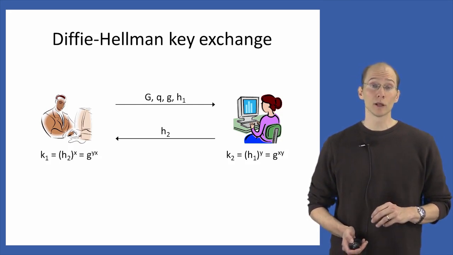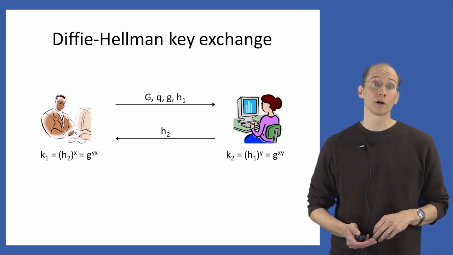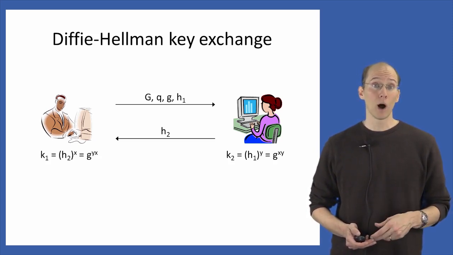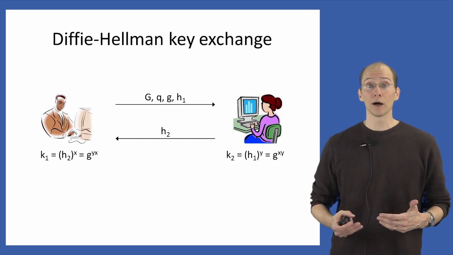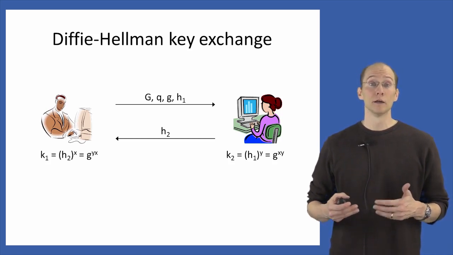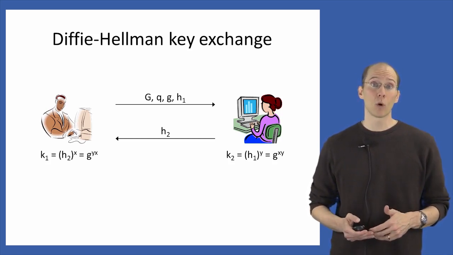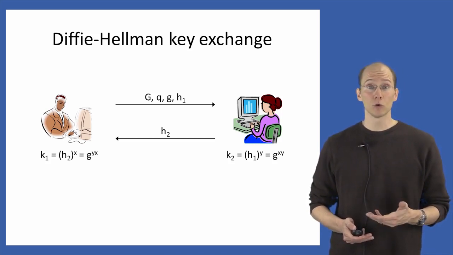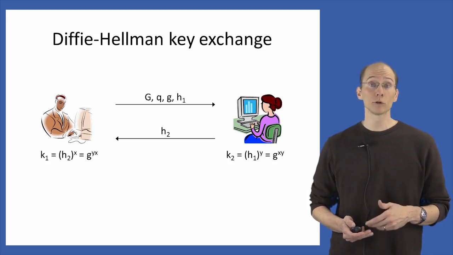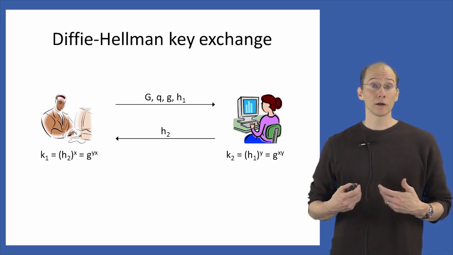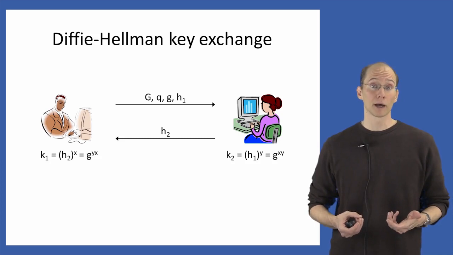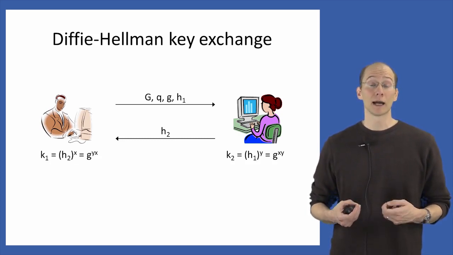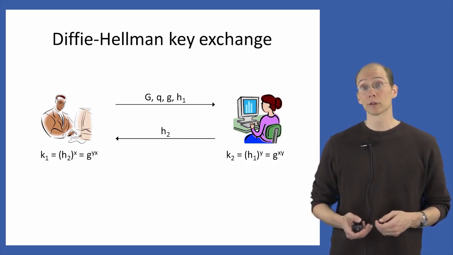Now the thing to note is that the key k1 computed by the party on the left is equal to h2 to the x, and h2 was equal to g to the y. So therefore the key k1 is equal to g to the y to the x, or equivalently g to the yx. A similar calculation on the right shows that k2 is equal to g to the xy. And of course the point here is that g to the xy is equal to g to the yx. So the parties have generated identical keys, that is k1 equal to k2.